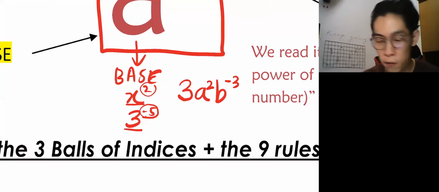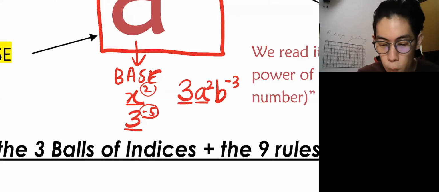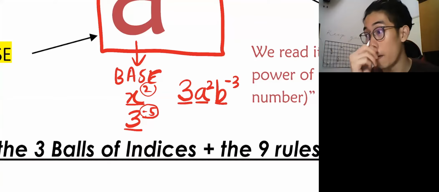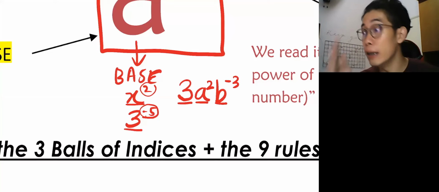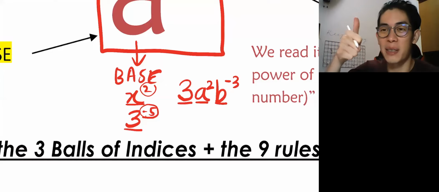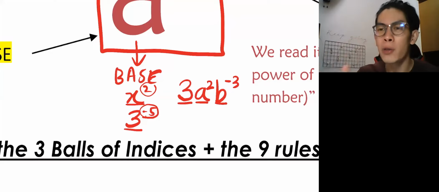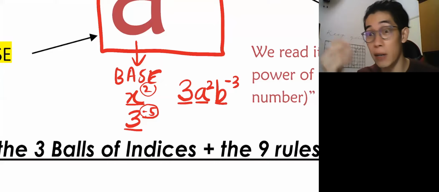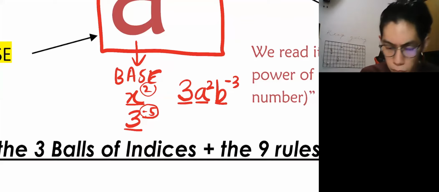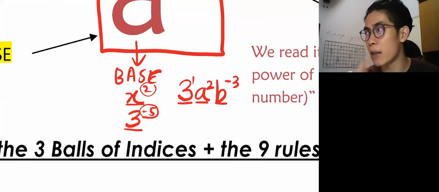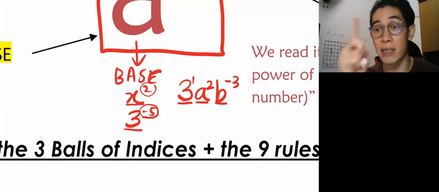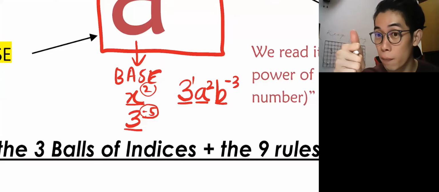So we have 1 base, 2 base, and 3 base, correct? Every base has an index. So 3's index is 1, a's index is 2, b's index is -3. So far okay, right?